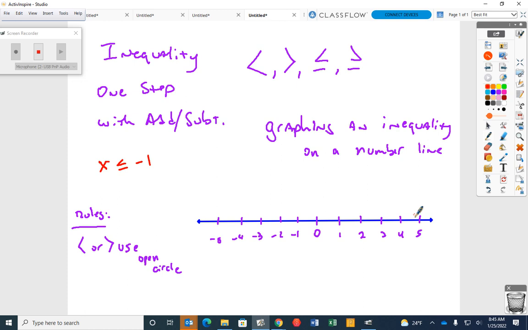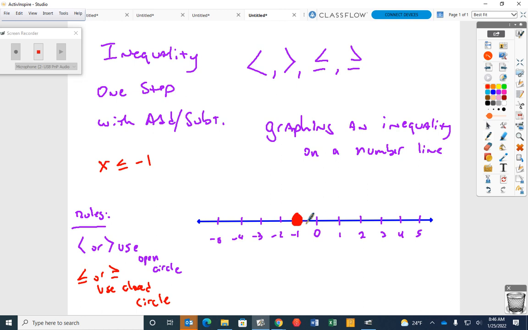A closed circle. So if you have this or this, use a closed circle. So I'm going to go to -1, and I'm going to put a closed circle. All that means is you color it in. Does that make sense?